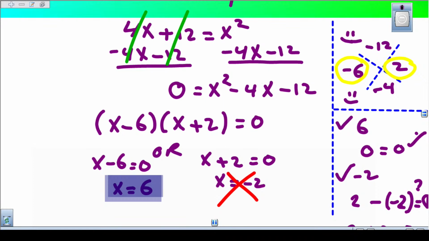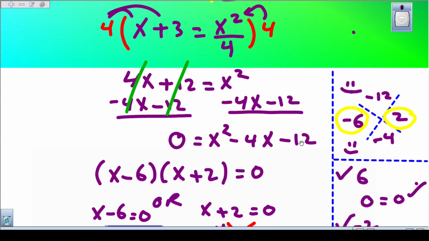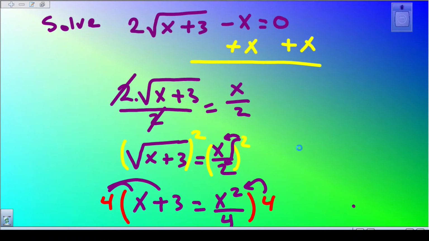Solving radical equations and the fun time that we spend looking at that. I wish you good luck in your endeavors and be blessed wherever you are. All right, how to solve radical equations.